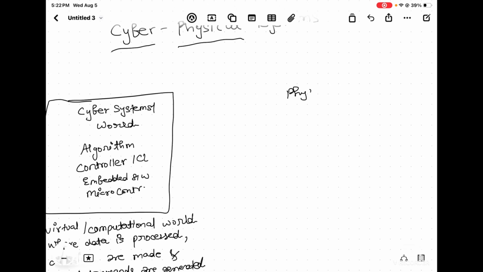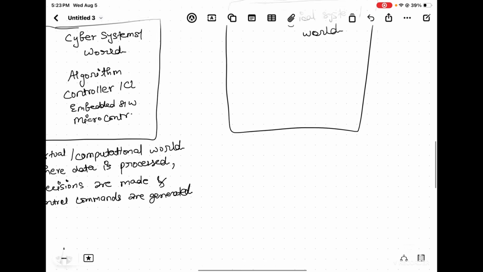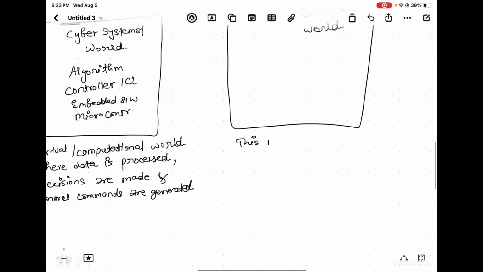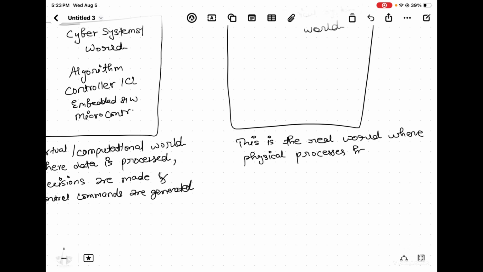Then there is your physical system or world. So what is the physical system or world? This is the real world where the physical processes happen.